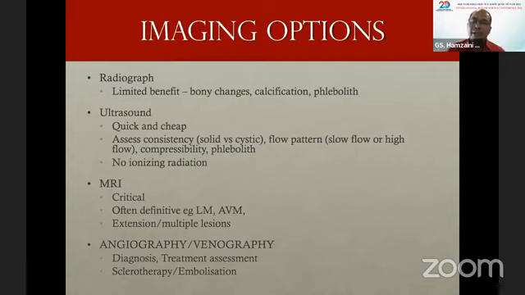And we can also use color Doppler to see the flow pattern: is it slow flow or high flow? Is it compressible? Is there any phlebolith? And one best thing about ultrasound is that it does not involve ionizing radiation, especially when you are imaging children.